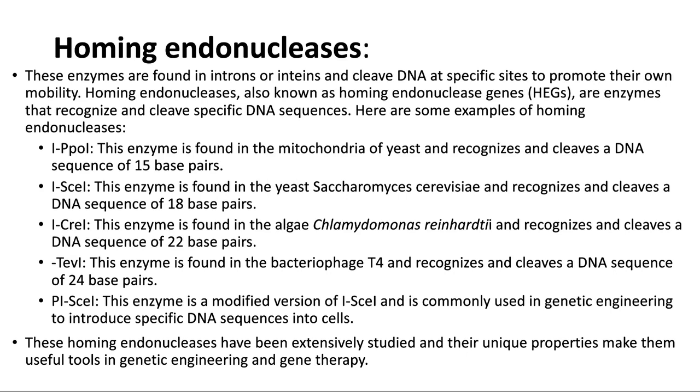There are some examples of this, just take note of it. You have I-PpoI. This enzyme is found in the mitochondria of yeast and recognizes and cleaves DNA sequences of 15 base pairs. Okay, you have I-CreI, and so on and so forth. It's just for you to note them.